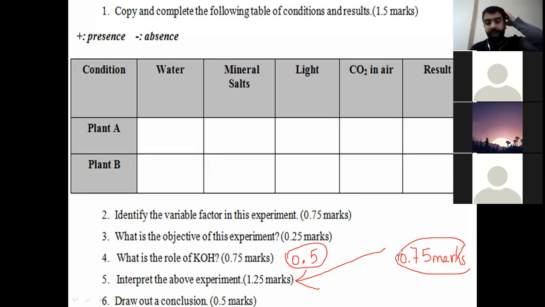So here, interpret is totally different from analyze. Analyze and interpret are not the same, even though interpret is analyze plus indication, and the indication is the difference.